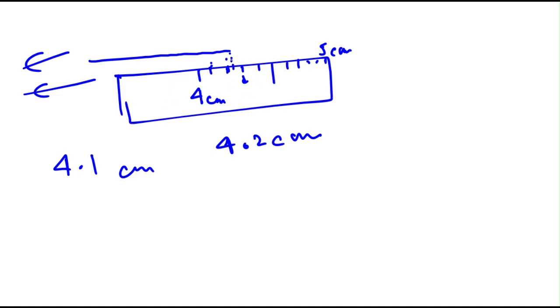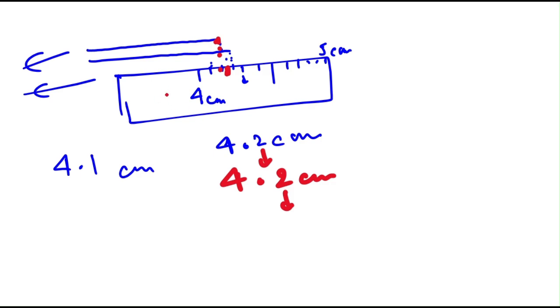In the other case, if this line segment falls just behind this 4.2 mark, again we are going to report the value 4.2 centimeter. That's why this last digit is uncertain actually.